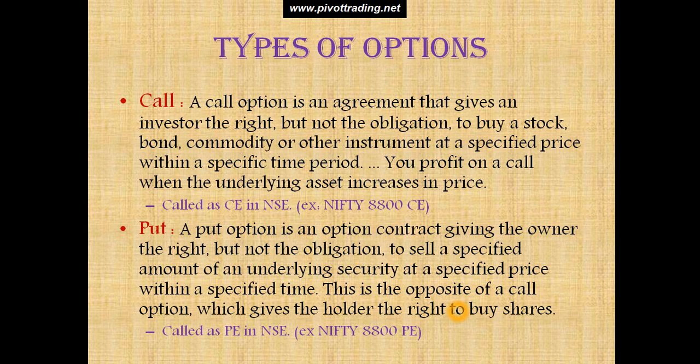You will contact Mr. X and get into an agreement saying that after 10 days you will give him 100 shares of Reliance at XYZ price. The price at which you want to sell the shares of Reliance to Mr. X is defined today itself. And Mr. X agrees to it.